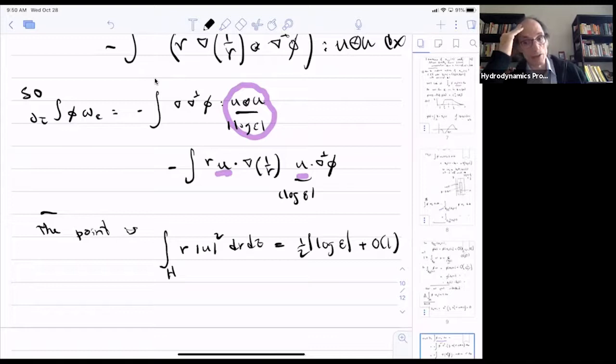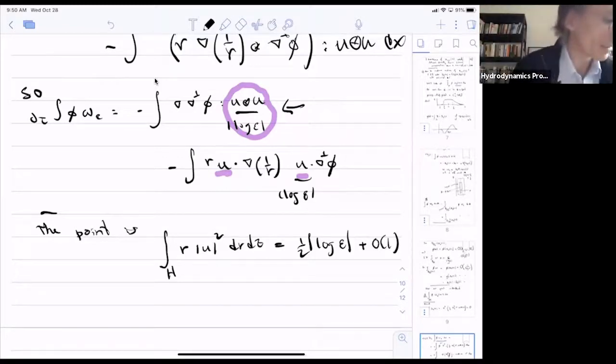In fact, once we have these other assumptions, the energy can be no greater than log epsilon over 2 plus a constant. Okay, so that's the energy. And so in other words, if I want to see the energy be of order 1, I need to divide it by log epsilon. And that's exactly what I've done here. So this is a quantity whose integral is bounded.